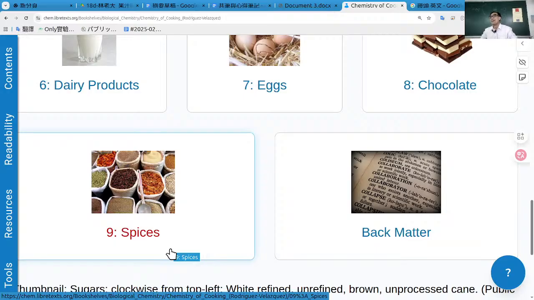Species is about the category from biology, one of the lowest ranks. For example, cat and dog are different species, but cat and tiger are very similar. Okay, thank you for the reminder. Spices.